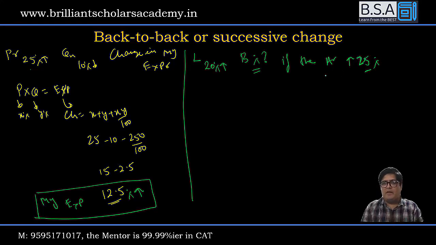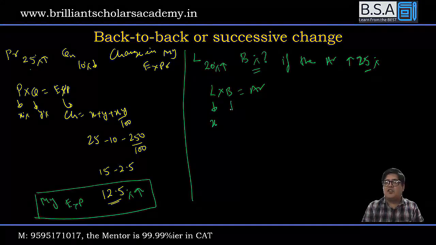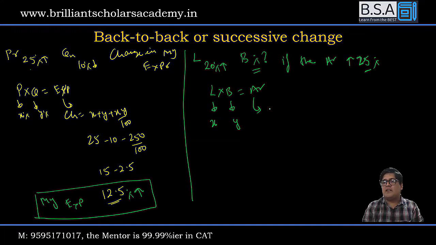Listen to this. First, you must understand what is A and what is B, what is X and what is Y. What is multiplied? For area of rectangle, length into breadth gives me area. So the change in the length is X, change in the breadth is Y. The overall change is the formula X plus Y plus XY upon 100.